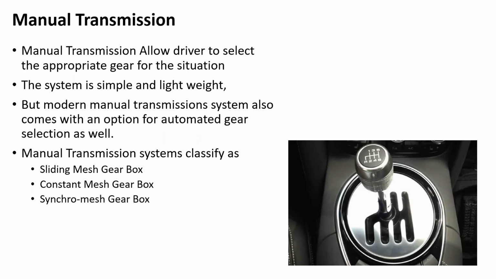This sort of gearbox is known as a gated transmission, which you can only see in high end sports cars, right? In high end sports cars, it's a little bit tough to change the gears, but you have more feeling when you change the gear.